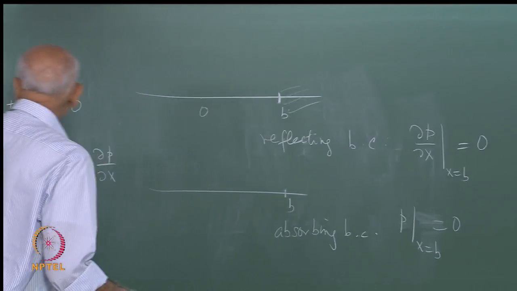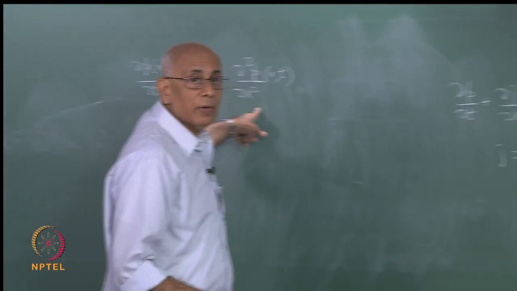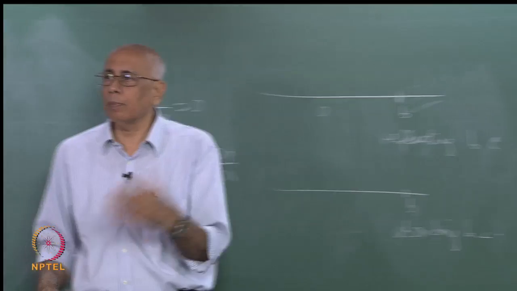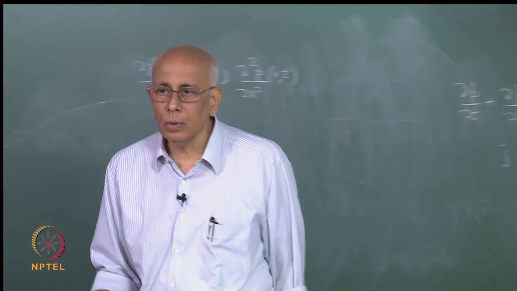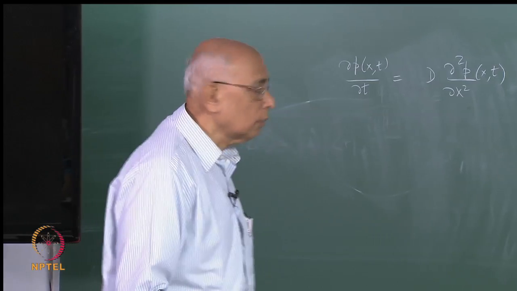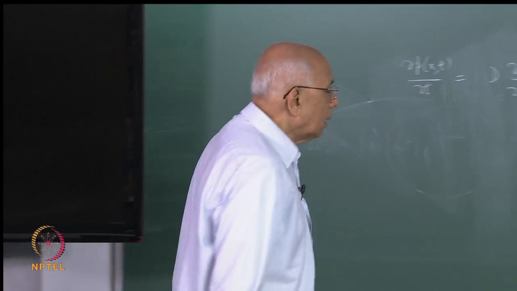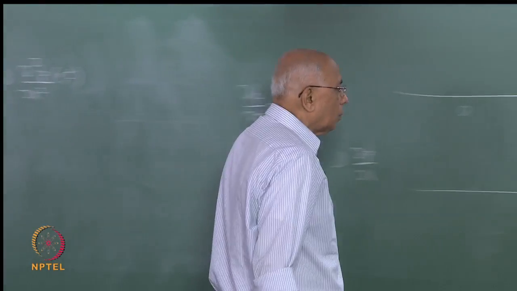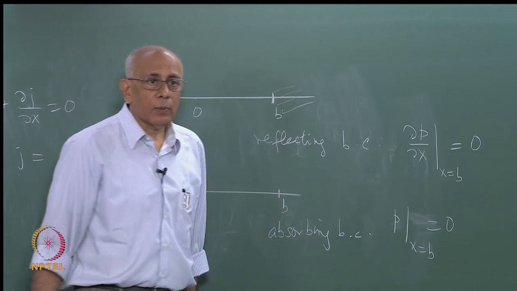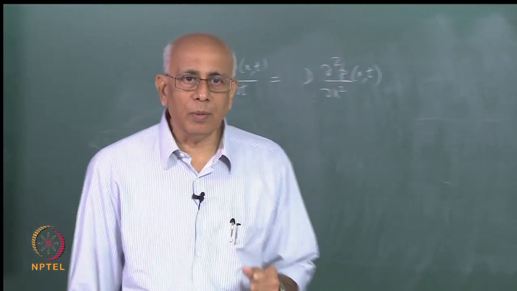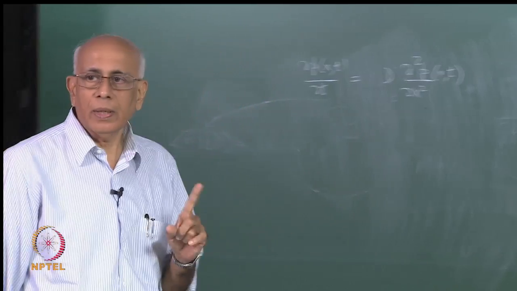Of course you have a second order equation here in the space variable, and therefore you can have a mixture of the two. You can say it is partially absorbed, partially reflected, and so on and so forth. More complicated possibilities exist. We will look at one more of these possibilities, a physical problem, but these are the two common boundary conditions. Okay. Now the question is, how are we going to write down the solution to this problem in the presence of this boundary condition here?